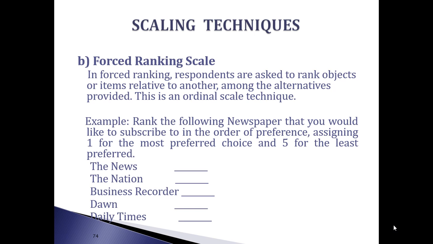For example, the respondents are asked to rank the following newspapers that they would like to subscribe to in order of preference, assigning 1 for the most preferred choice and 5 for the least preferred: The News, The Nation, Business Recorder, Dawn and Daily Times.